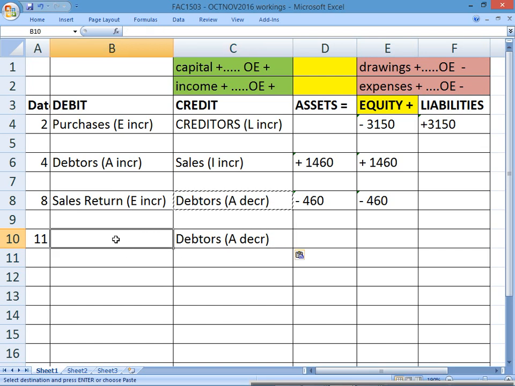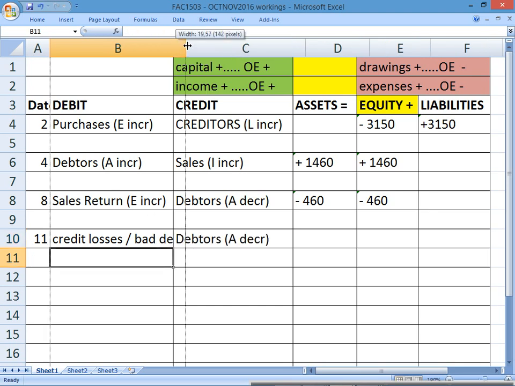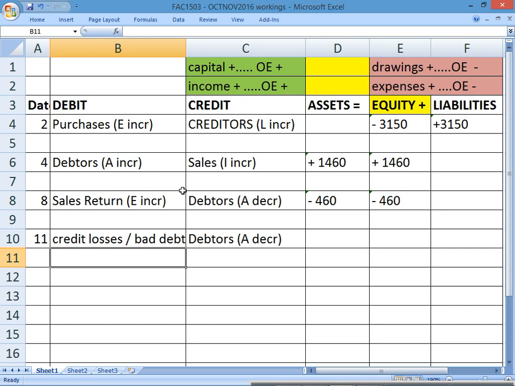Okay, this we'll look at later on. Credit losses. That's what you call it, or bad debt. Credit losses, bad debts. Okay, so don't worry about it now. Later on it will make more sense. Notice, these are other accounts that you can put in that table that we had. Remember the table I asked you to complete?